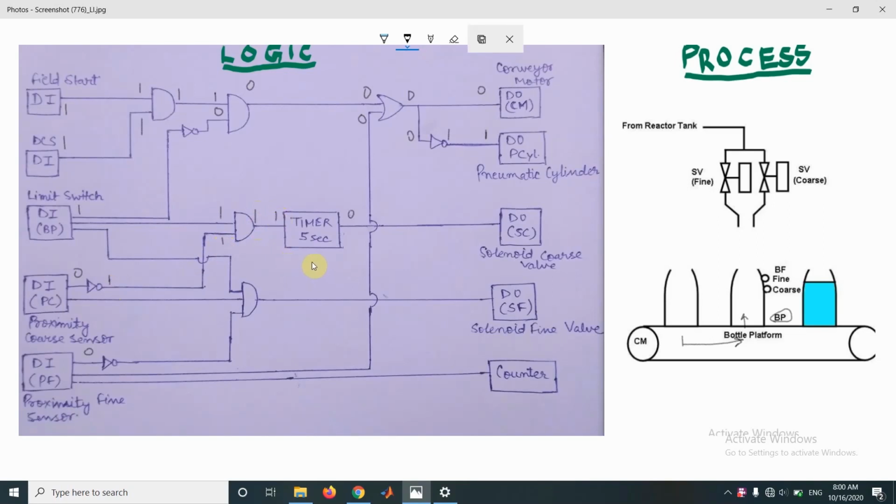Now when the 5-second time has elapsed, this one would reach the output of the timer.